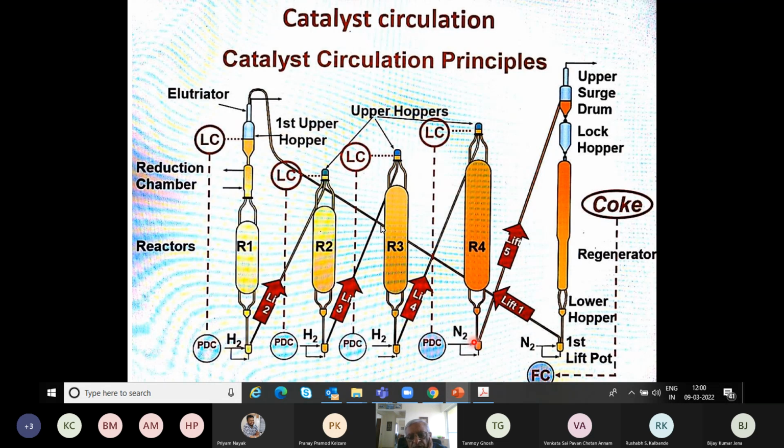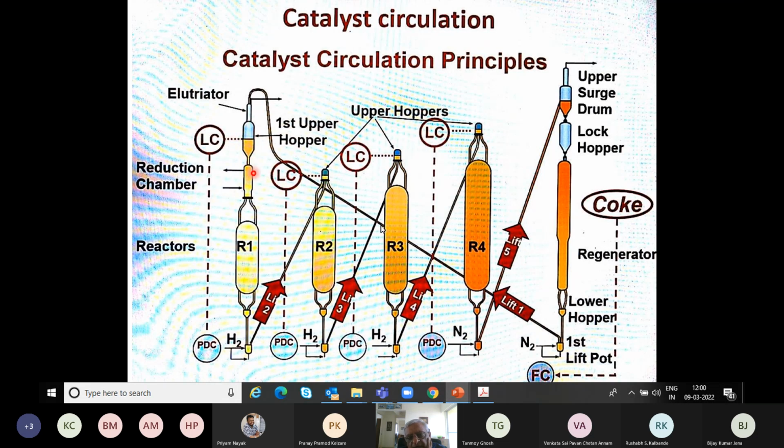And ultimately, when it goes into this lift pot, we don't use hydrogen anymore. We use nitrogen, and then it gets lifted to the top of this regenerator, where it goes through the surge drum and the lock hopper and into the regenerator. And then when it goes into the lift pot of the regenerator, again we use nitrogen to lift it up to the top here. So here again, it gets deposited in a hopper.